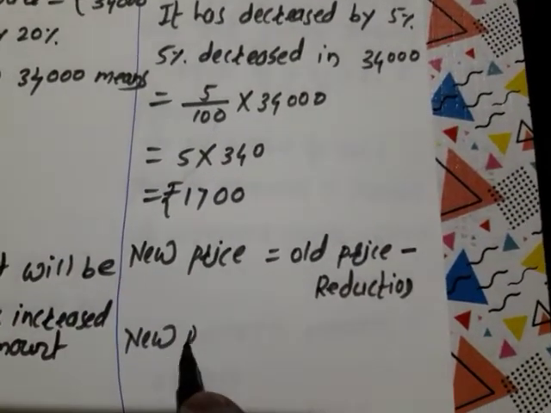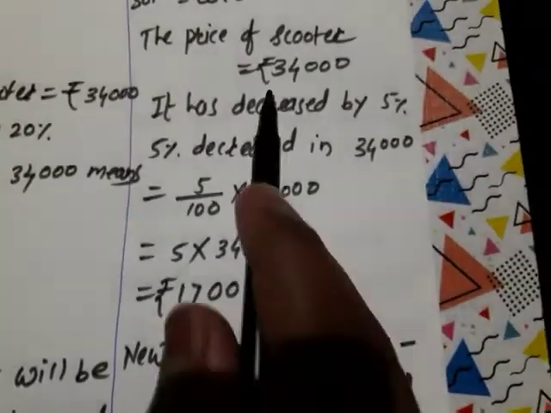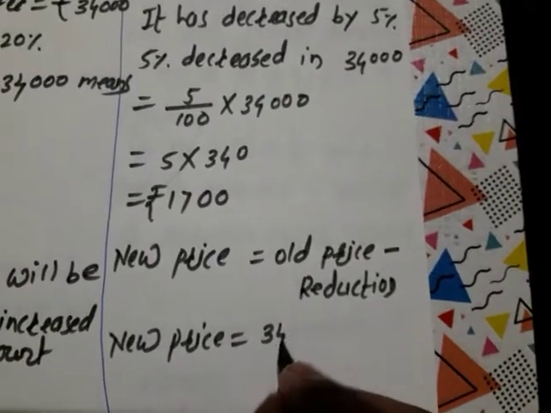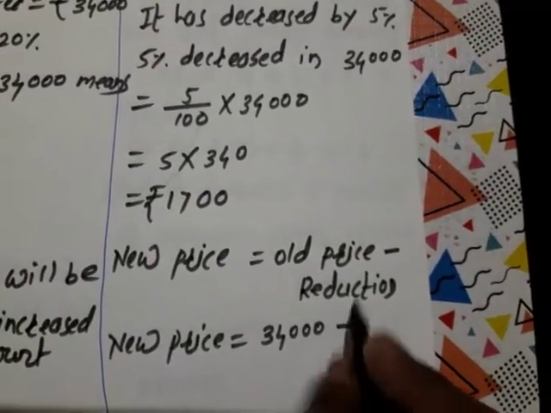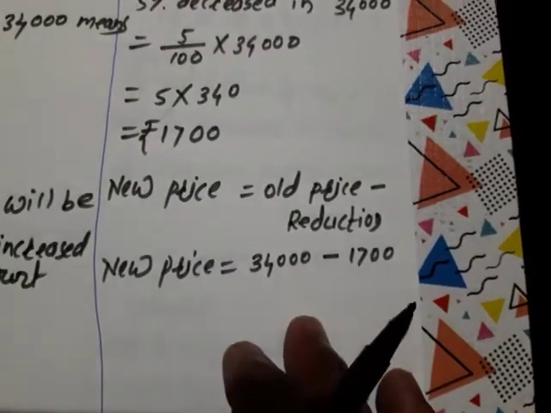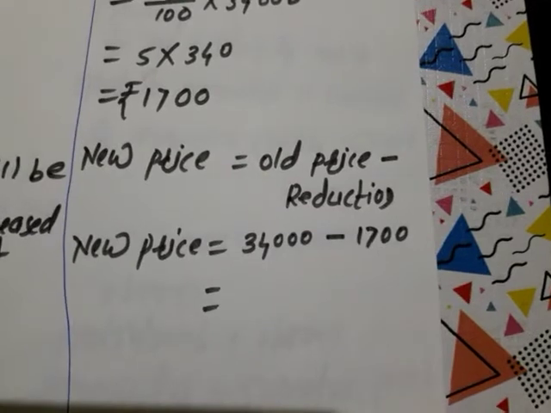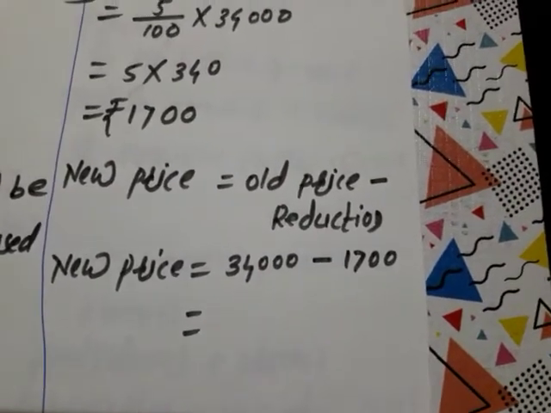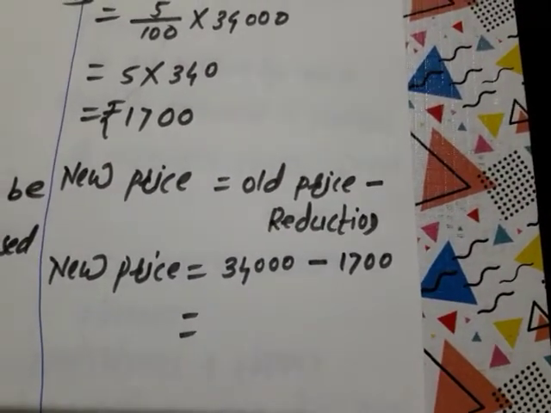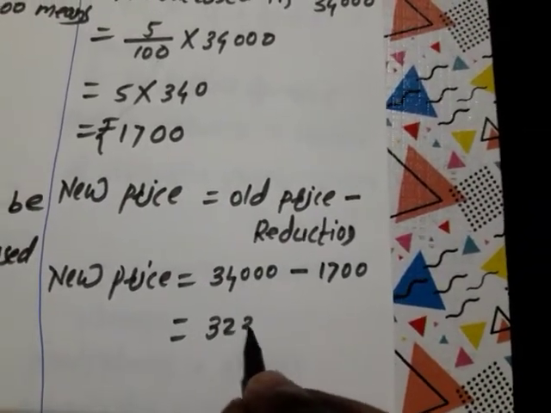Then new price is equal to, what is the old price? 34,000 minus reduction 1700. When you solve it, then what you will get? 34,000 minus 1700, we will get here the answer 32,300.